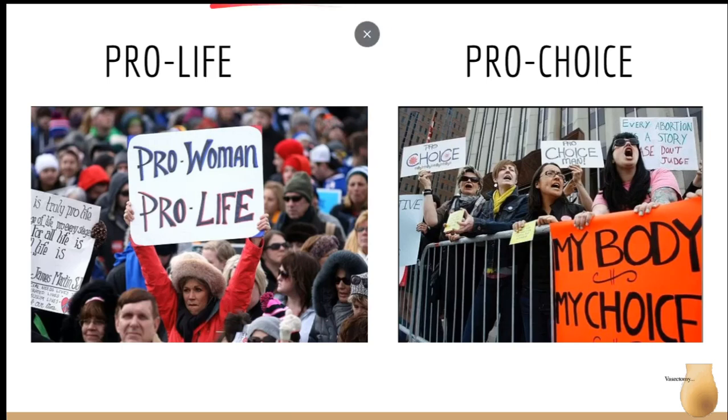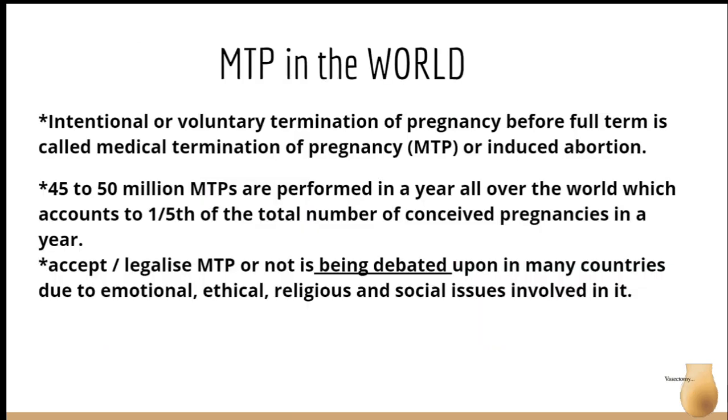Remember, the people who support pro-life are supporting not doing abortion, and on this side these people are fighting for legalizing abortion. Okay, now what exactly is abortion? We'll jump into the next clip.